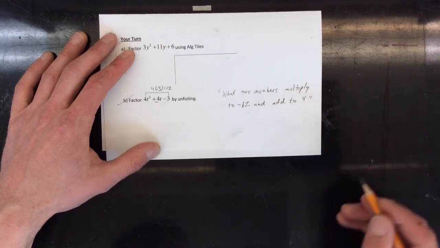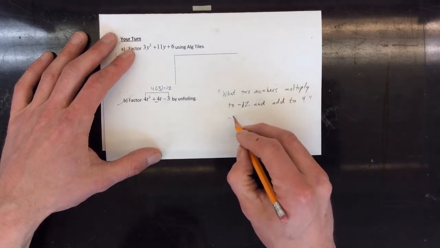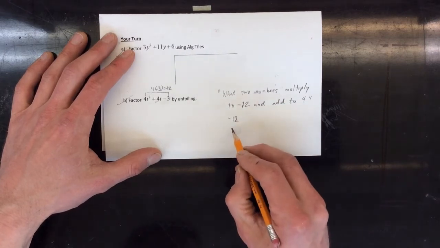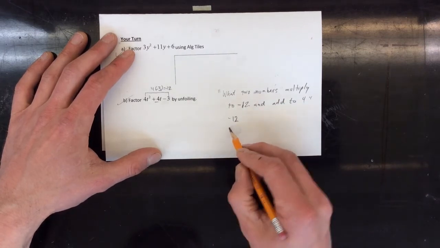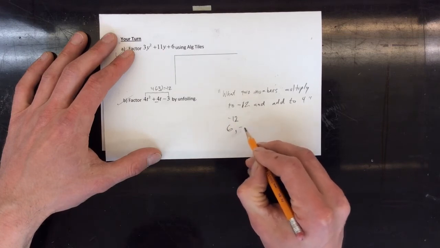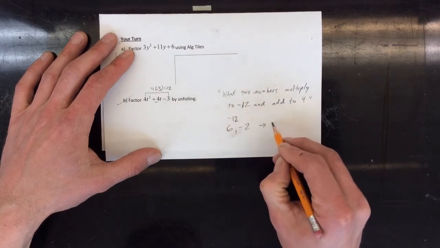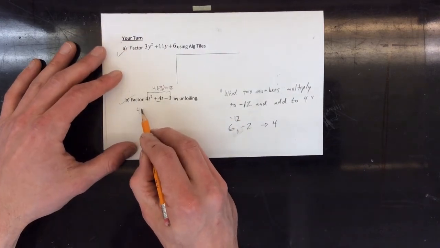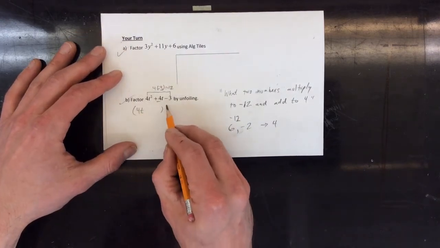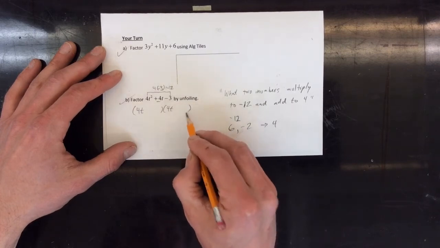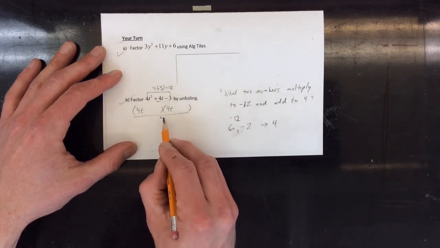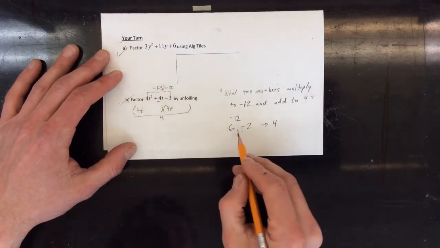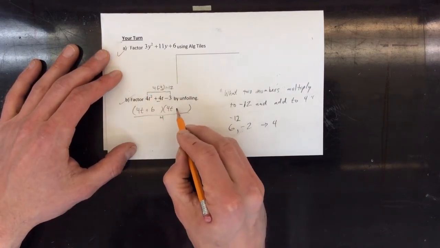So, two numbers that multiply to -12. Well, 6 and 2. My 6 needs to be positive, my 2 can be negative, because those add to become 4. So I write my 4t twice. But I have an extra factor of 4 in there, which I multiplied in here. Then I write my two factors, +6 and -2.